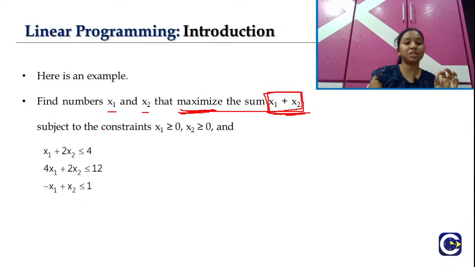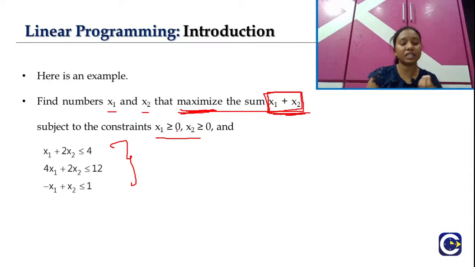And this is subject to the constraints. If you observe, there are lots of linear constraints here. One is x1 greater than equal to 0 and the other is x2 greater than equal to 0, and we are having three more here: x1 plus 2x2 less than equal to 4, 4x1 plus 2x2 less than equal to 12, and minus x1 plus x2 less than equal to 1.